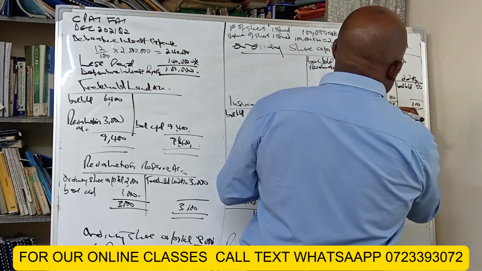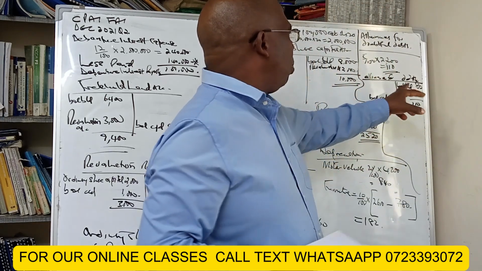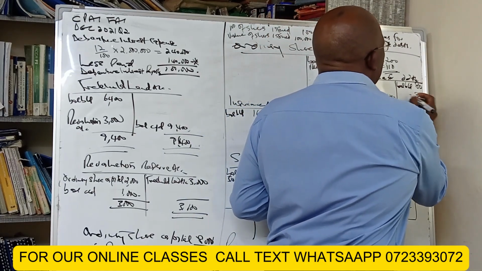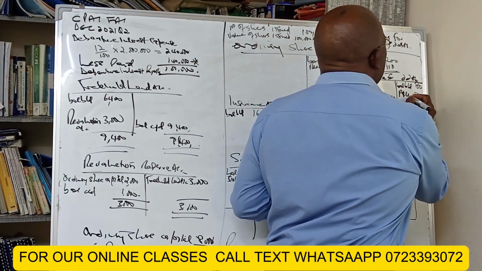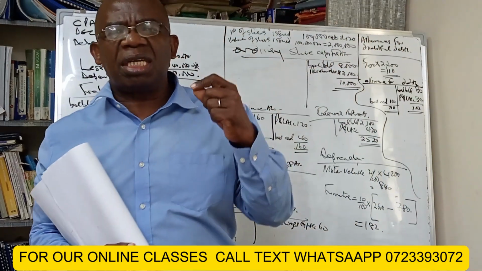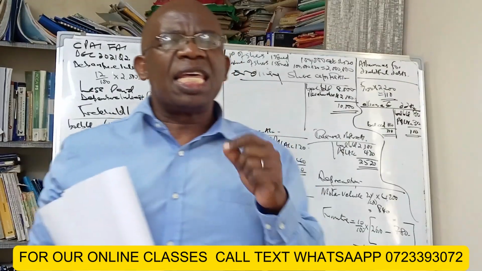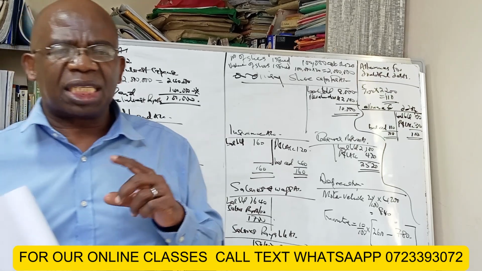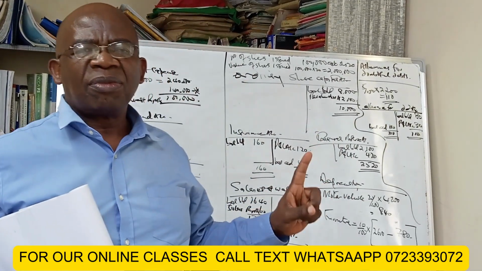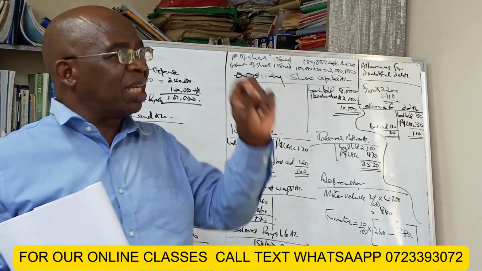It is increasing from 80 to 110, by 30. Both the increase or decrease in allowance for doubtful debts are taken to the income statement. An increase in provision for doubtful debts is an expense.